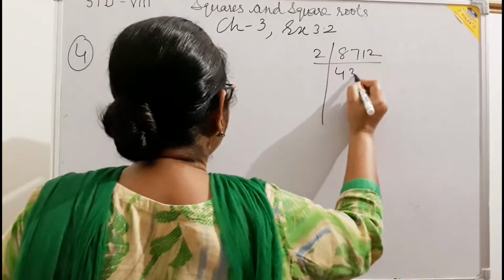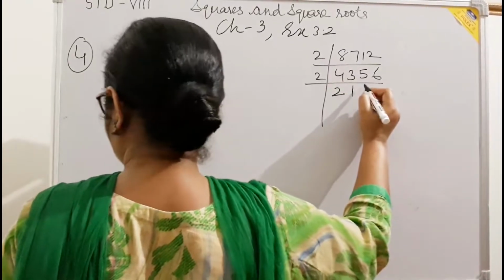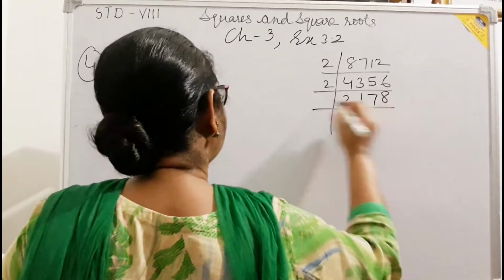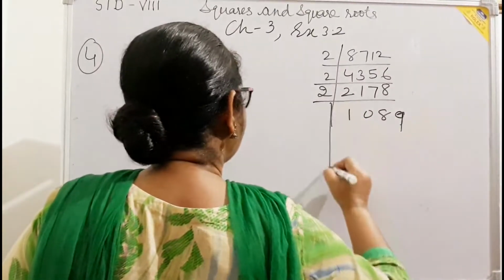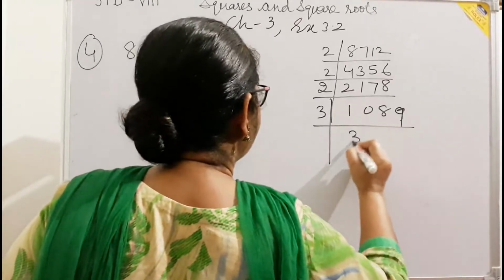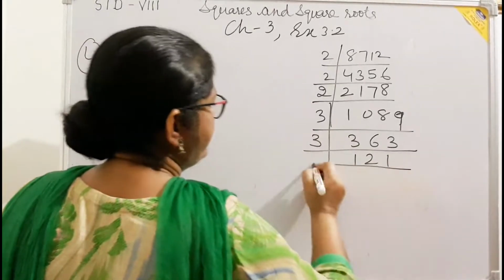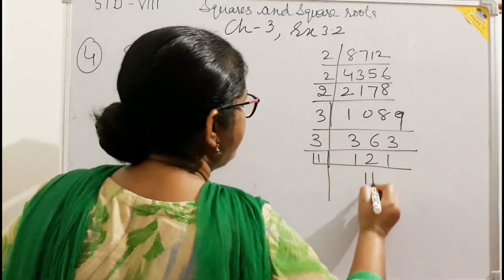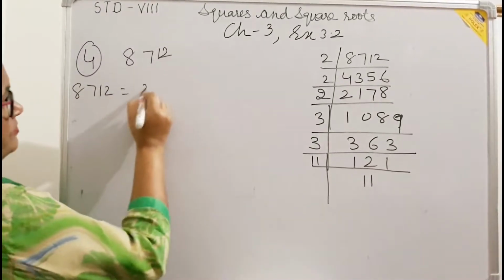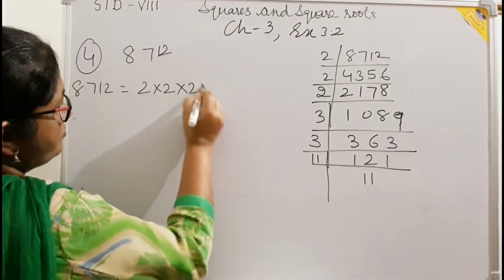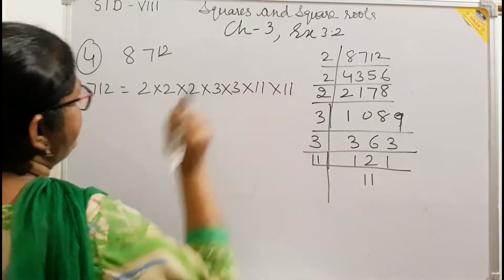2 2s are 4, 2 2s are 4. Now 3 3s are 9, 3 6s are 18, 3. Now then again 3. Now 11 11s are 121. So 8712 is 2 2 2 3 3 11 11.